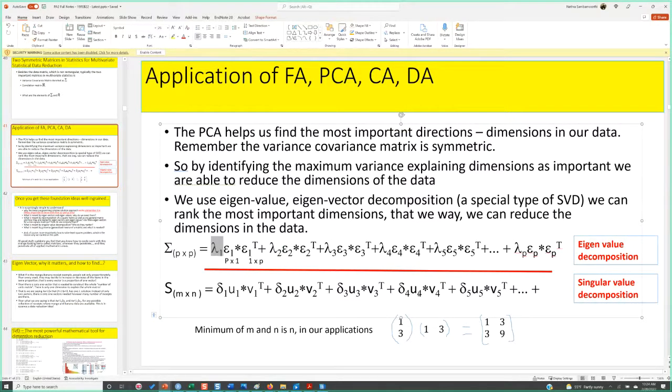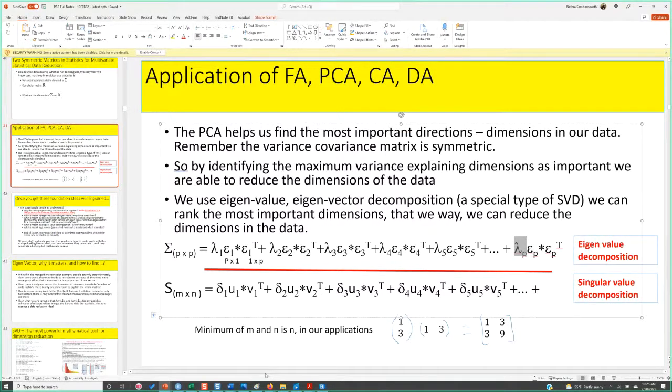Agreed? This is the first eigenvector that corresponds to the first eigenvalue lambda 1. This is the second eigenvector that corresponds to the second eigenvalue. This is the third. This is the pth eigenvector that corresponds to the pth eigenvalue.